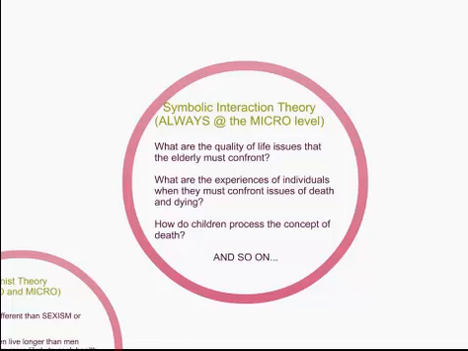And how do children process the concept of death? And so on. You can see how, rather than looking at the aggregate level, we get down to the individual here and we ask questions to the individual and we search out those individual meanings to try and make sense of those and to see how they influence the structures of society.